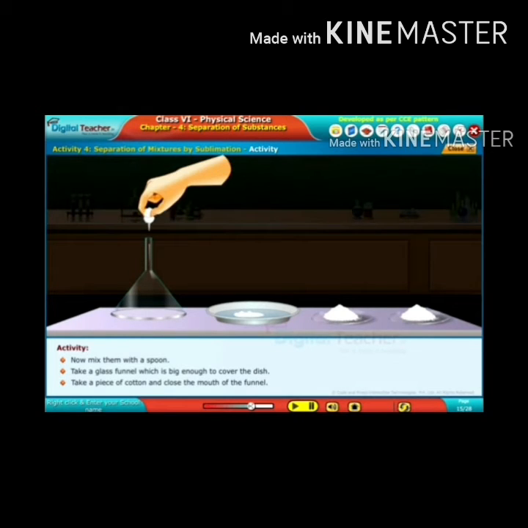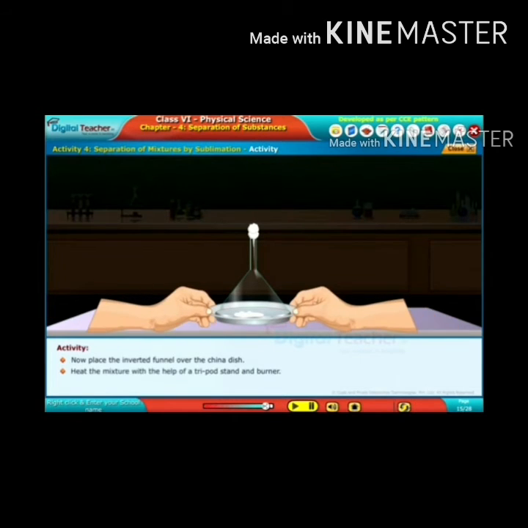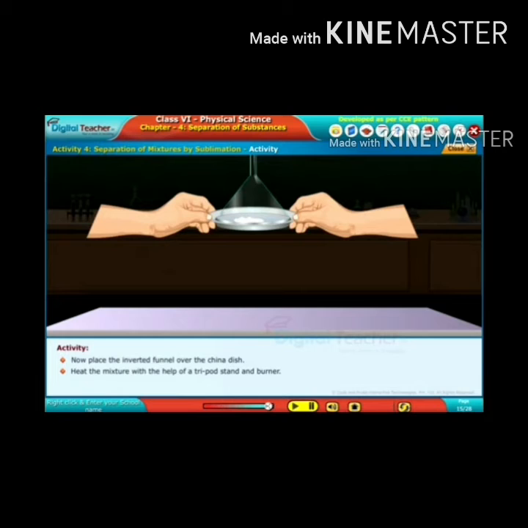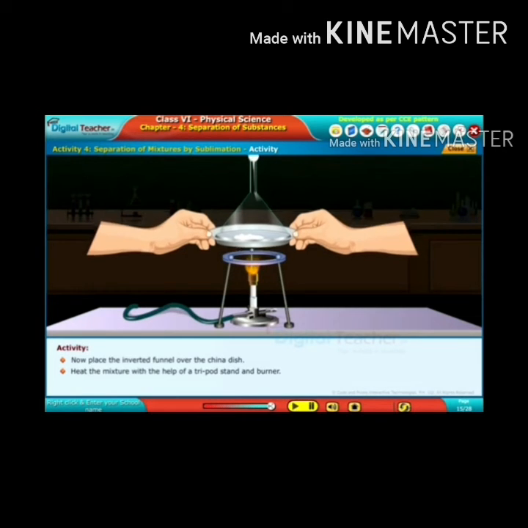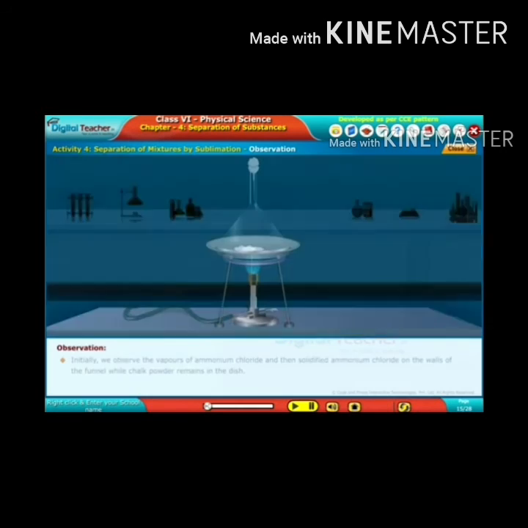After mixing, it should be covered with a funnel. Then this setup is to be placed on a tripod stand. Heat the apparatus.